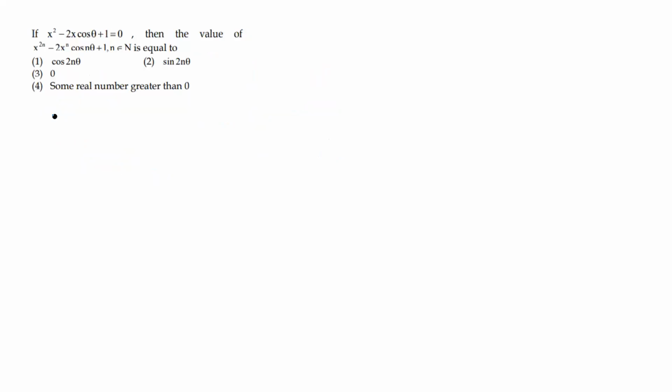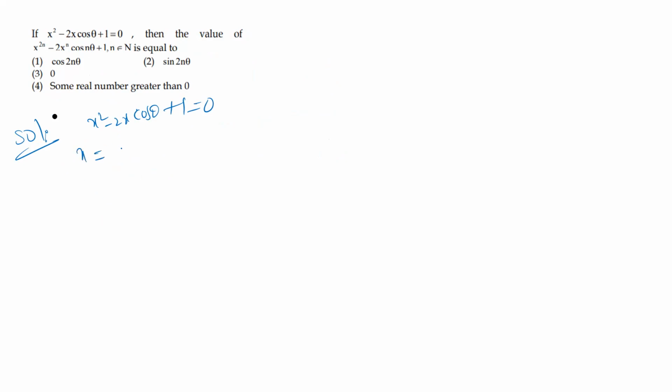Next, on this question. Now coming to the solution. x square minus 2x cos theta plus 1 equal to 0, and the value of x power 2n minus 2x power n cos n theta plus 1. Okay, first find out the roots for this equation.